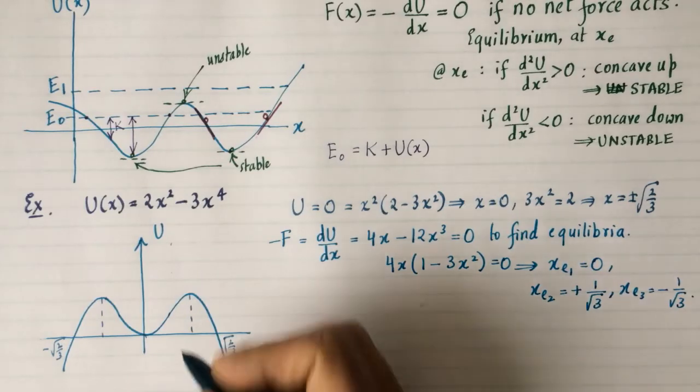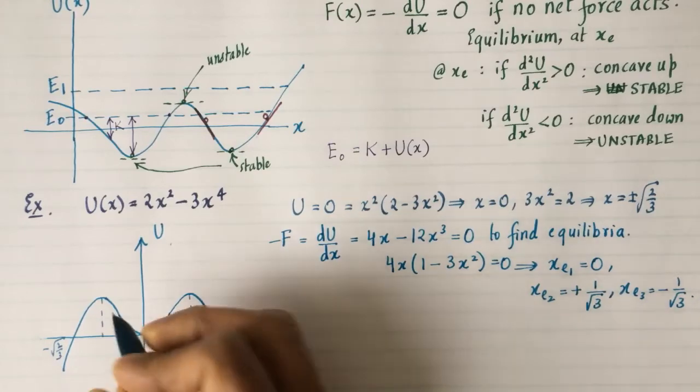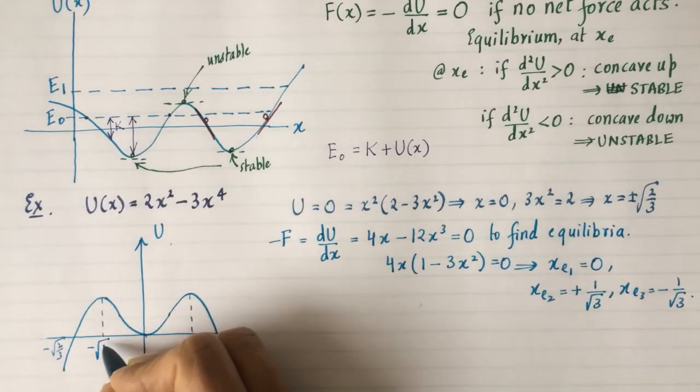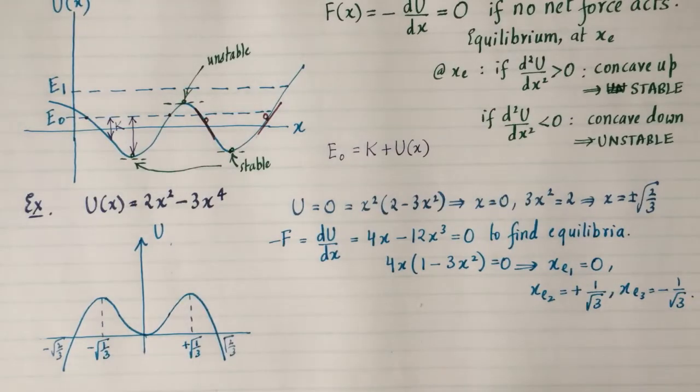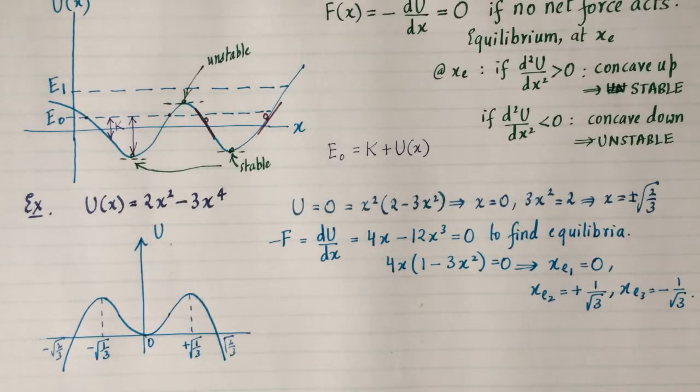So those are my 3 equilibria points. There's no difficulty in identifying them in this diagram. All right, and then of course 0. So we have identified the stable and unstable equilibria in this problem.